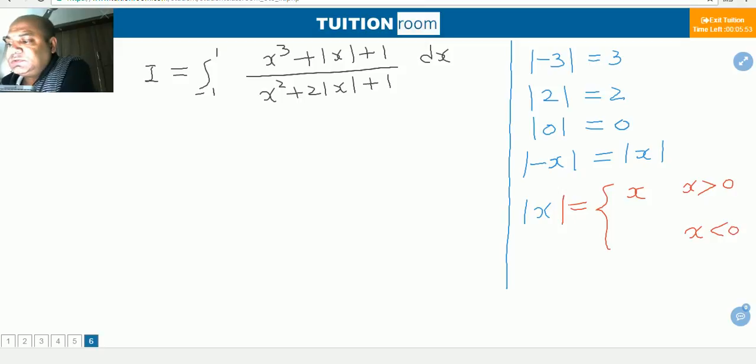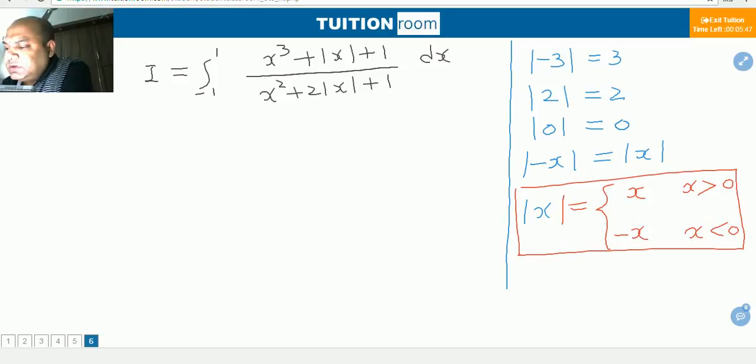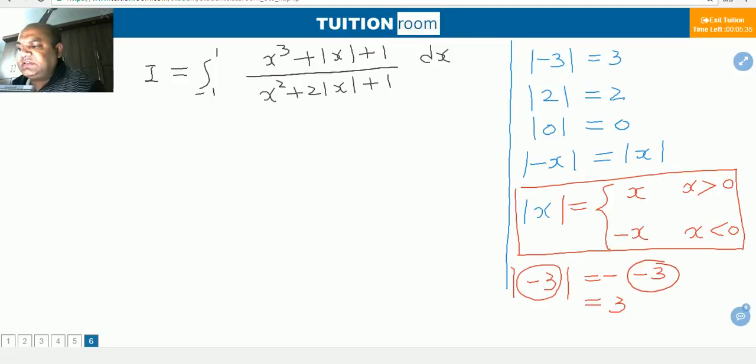Now 0 to 1, simplify the given expression. Minus x cube plus mod x. I have told you that mod of minus x and mod of x will be the same. Then x square plus 2 mod x, minus x whole square will be x square.